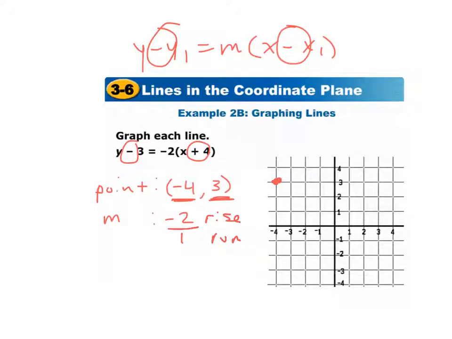So since the rise is -2, we would go down 2 to the right one, down 2 to the right one. And that would be our line. So everyone sees that since our rise is negative, we're going down. If it's positive, we're going up. So since our slope was -2, this line is decreasing.